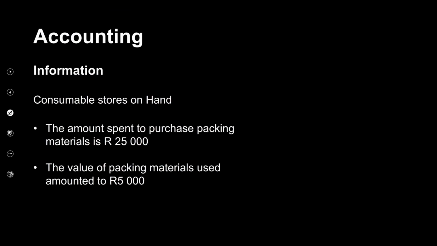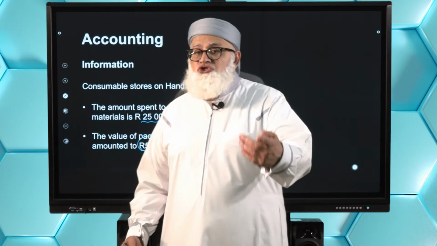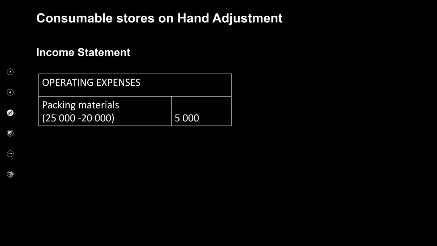Now remember something else. If they tell you the amount spent on packing materials was 25,000, and they are telling you the value of packing materials used amounted to 5,000 Rand, look at the difference in the question. One, they told you what was on hand, and the other, they told you what was used. So when you are doing the used one, immediately the amount that you used is your answer.